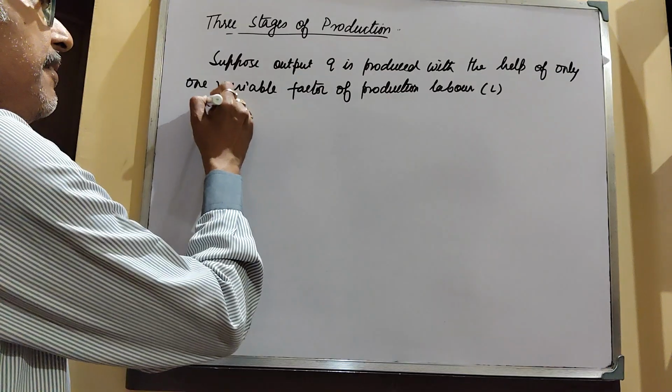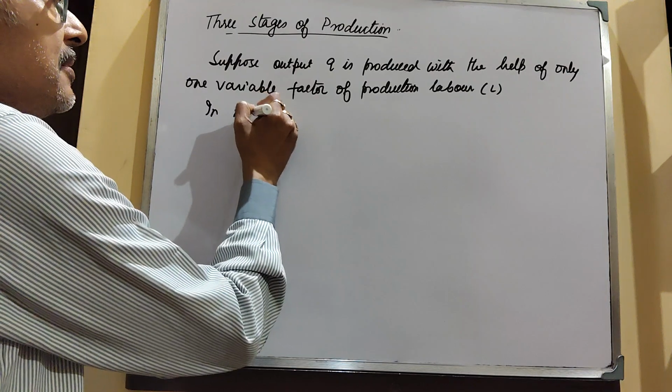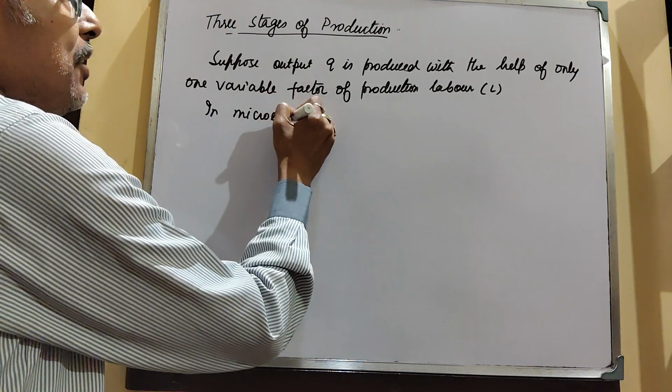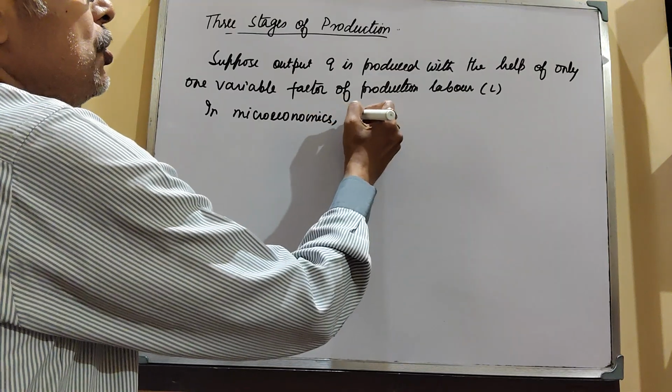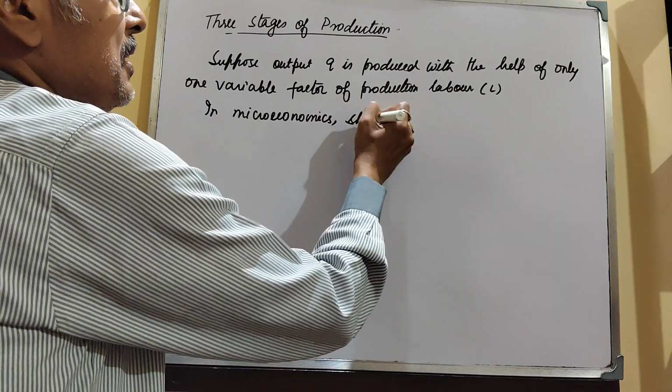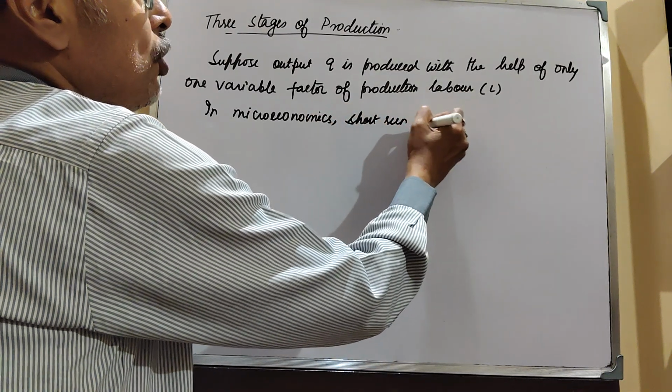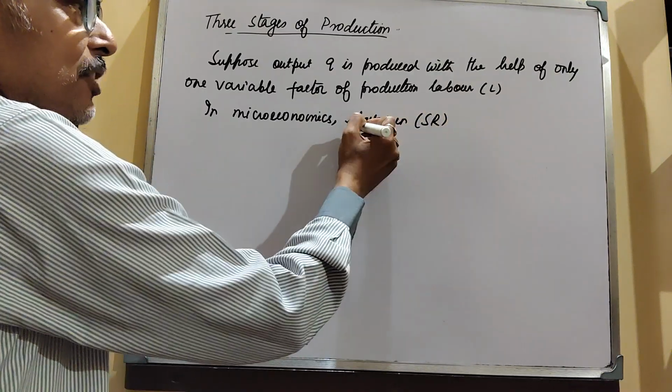In microeconomics, short run is a time period. In short form, I am writing SR, short run.